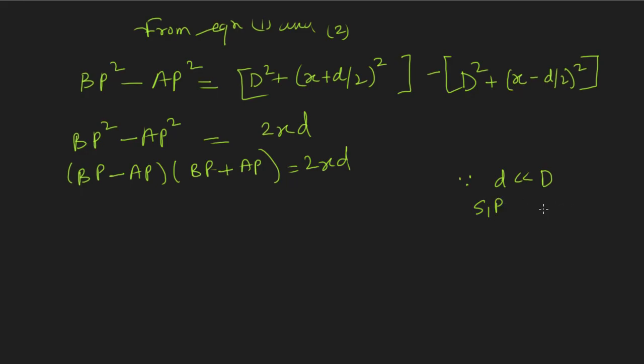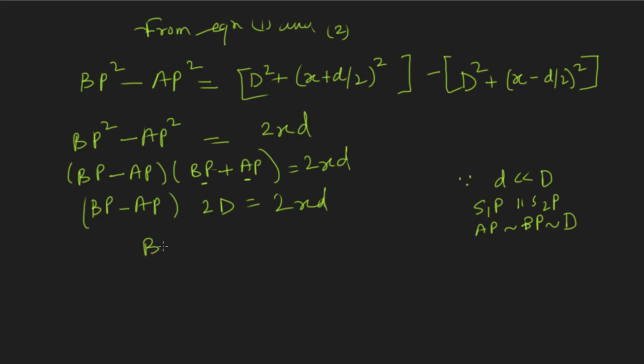S1P is parallel to S2P, and AP is approximately equal to BP, approximately equal to D. So here I can substitute BP minus AP, and this I can take approximately as D, and this also approximately as D. So I will get 2D, this is equal to 2xd.